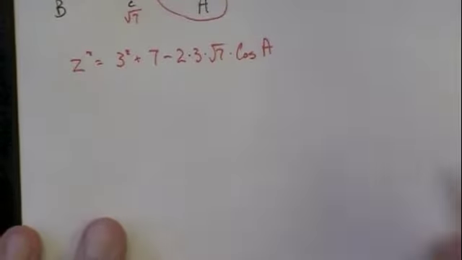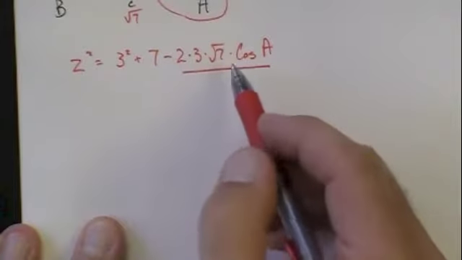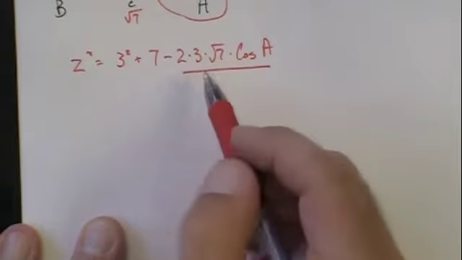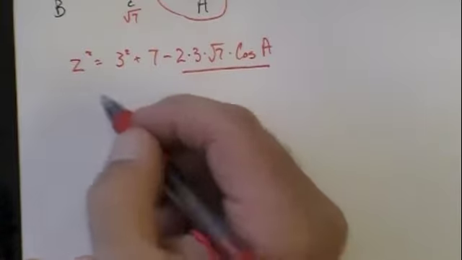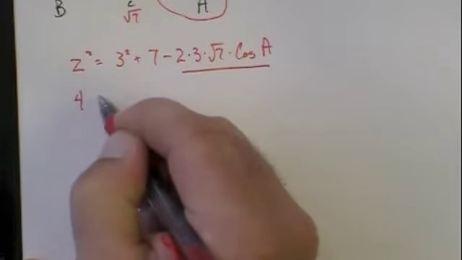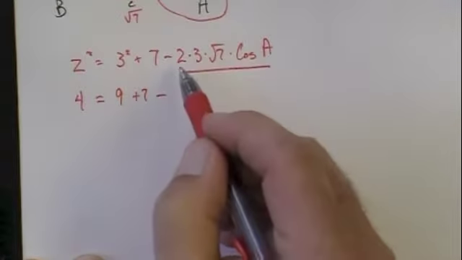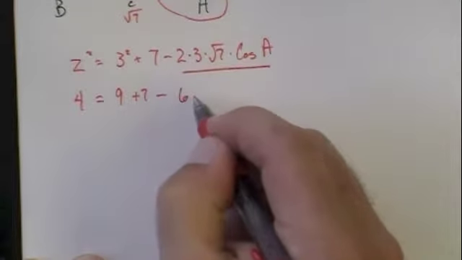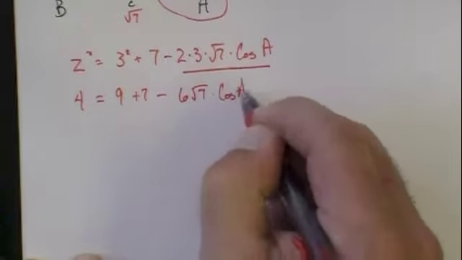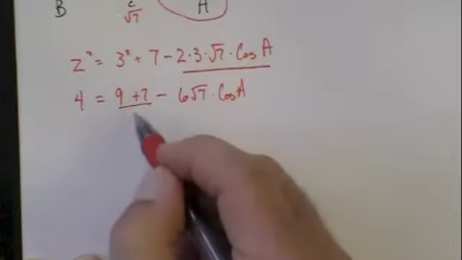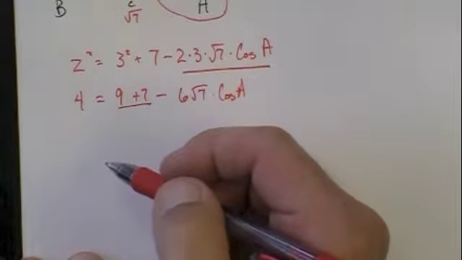Now order of operations, we're multiplying all the way across here, but then we have subtraction, so we can't just combine all these things. We have to keep this together, and then we can simplify here. So 2 squared is 4, which is equal to 9 plus 7 minus 2 times 3, so we could write that as 6 square root 7 times the cosine of angle A. These we can combine, 16, and then subtract that over to the other side.